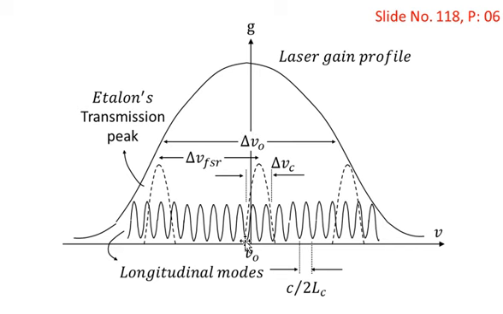Suppose the central mode is lying over here, then the other mode will be lying slightly outside this laser gain profile. So it might not be oscillating, or it might be oscillating marginally, because the mode will not be totally fitting into the laser gain profile. Only a part of it may fit into the laser gain profile.